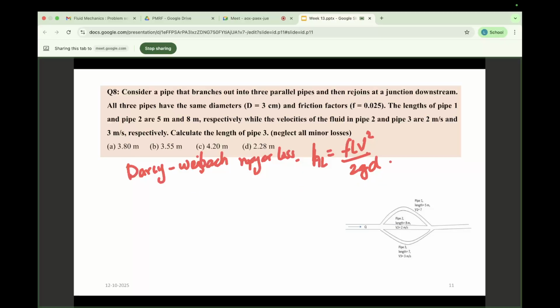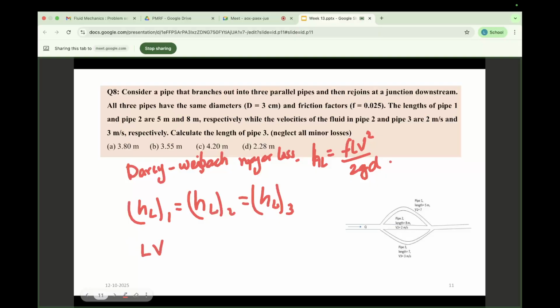G is constant for all these cases. So if I write for all these three pipes, HL1 should be equal to HL2 equal to HL3. These f, d and g are constant. So what are the variables? L and V are variables.